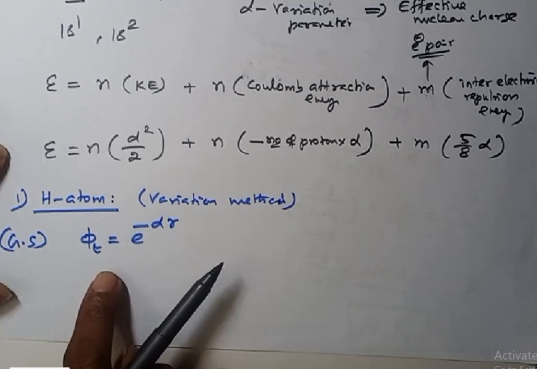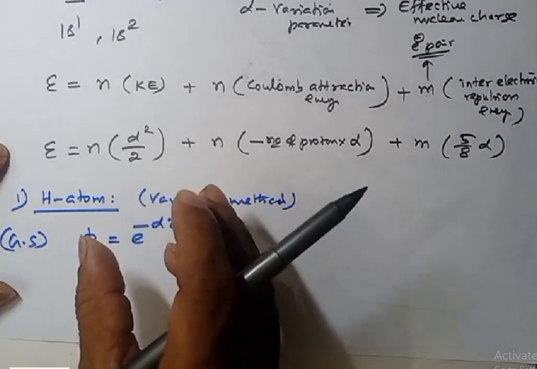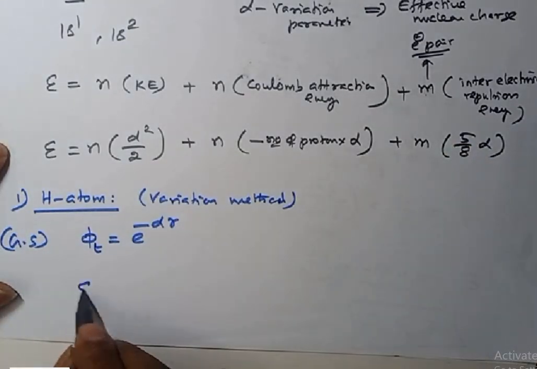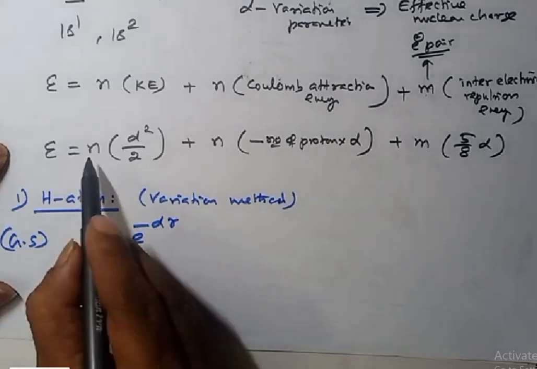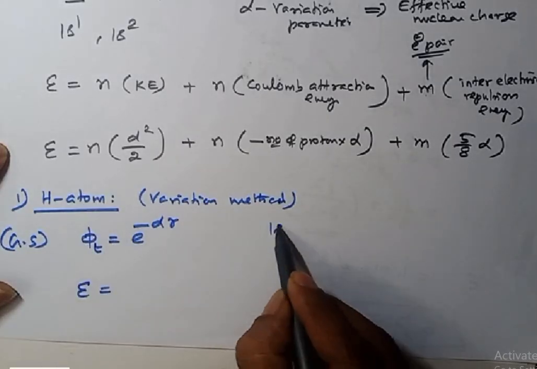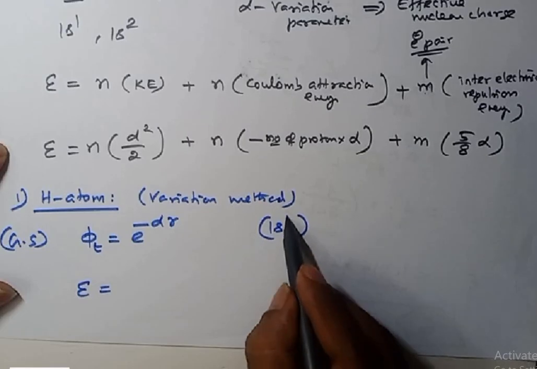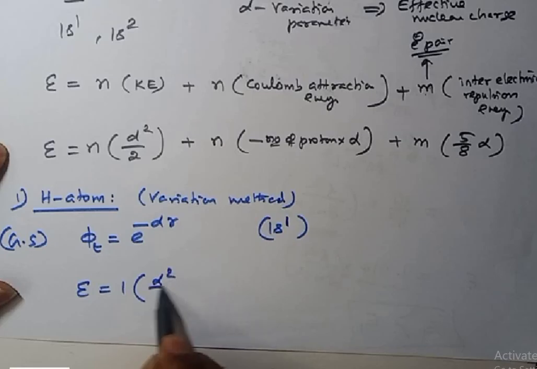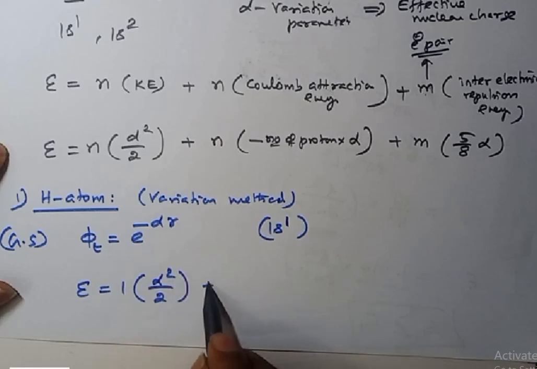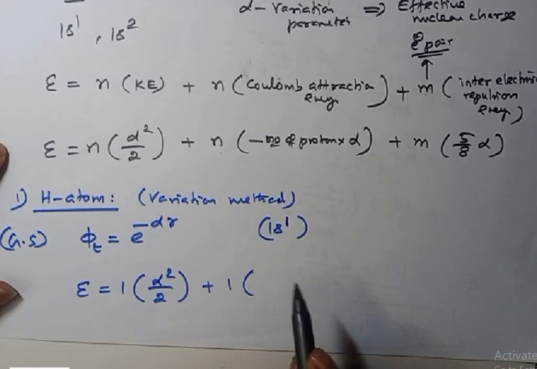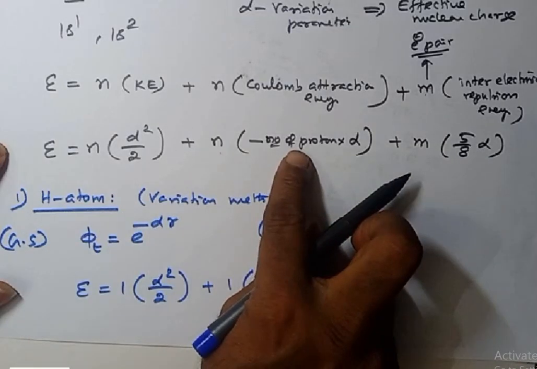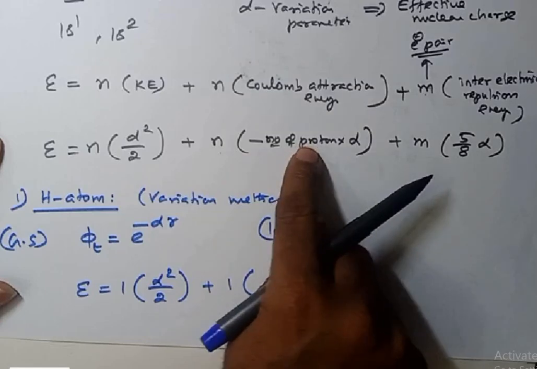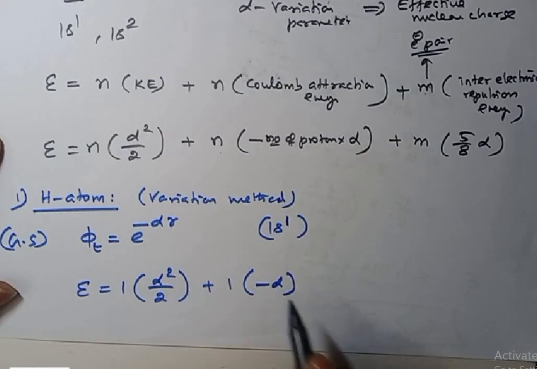Now if you use the expectation energy formula, substitute and solve it, finally you will end up here. So what is that? Expectation energy E is equal to, for the hydrogen atom the electronic configuration is 1s1, so we have only one electron, so put n equal to 1 into alpha square by 2, plus 1 into, and the nucleus has only one proton, so the number of protons is 1, 1 into alpha is alpha, so minus alpha.